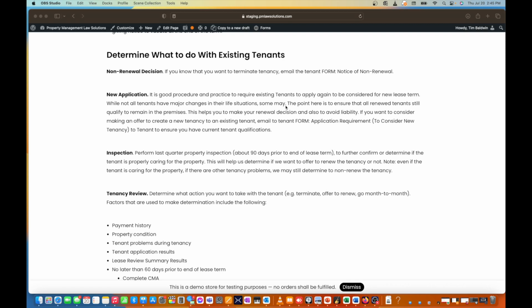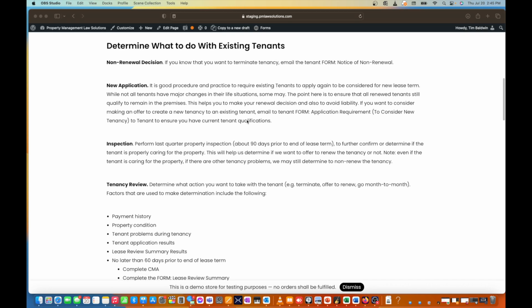But if we think we want to renew and the tenant informs us that they would like to renew as well, in general, we have a good practice of requiring the tenant to apply again for the rental of the next term. And so we send notice of the tenant's requirement to make application again, and then once we receive the application, we can review their updated background information.